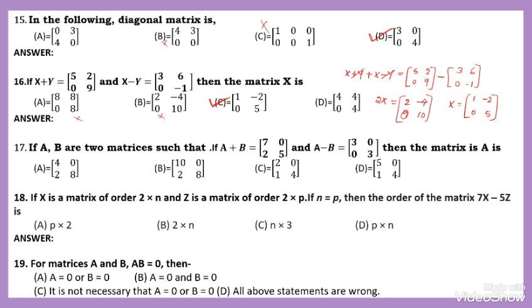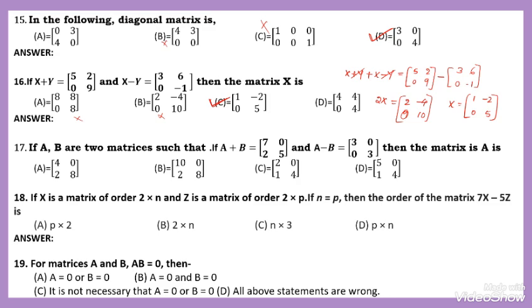Similarly for question 17. If A and B are two matrices such that A plus B is equal to 7, 0, 2, 5 and the matrix A minus B contains the elements 3, 0, 0, 3, then the matrix A is, we want the A matrix.